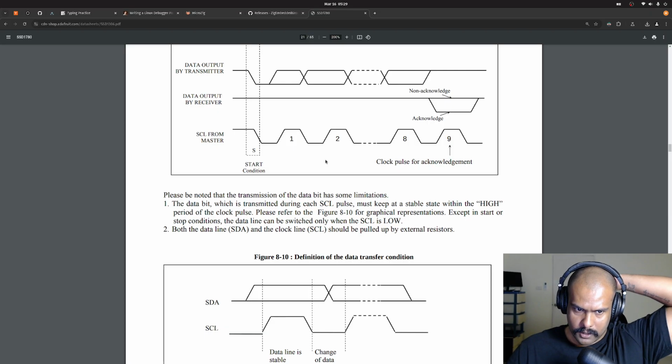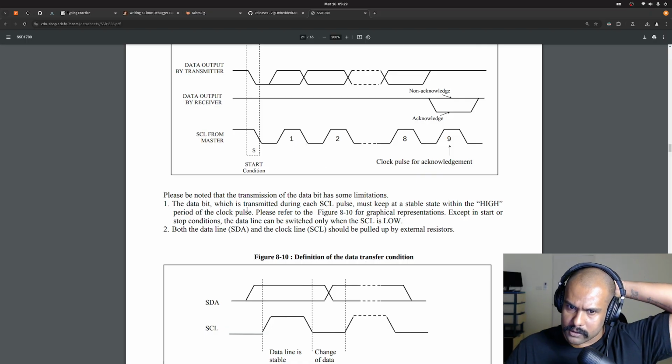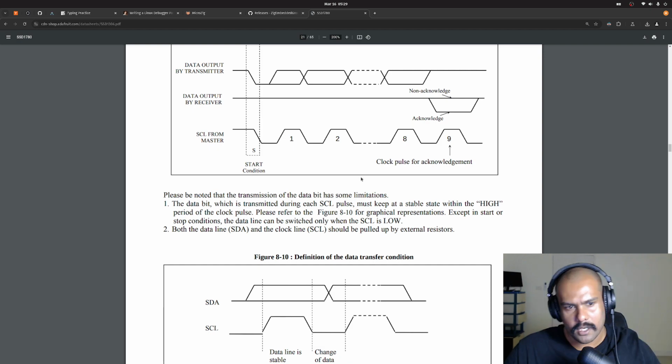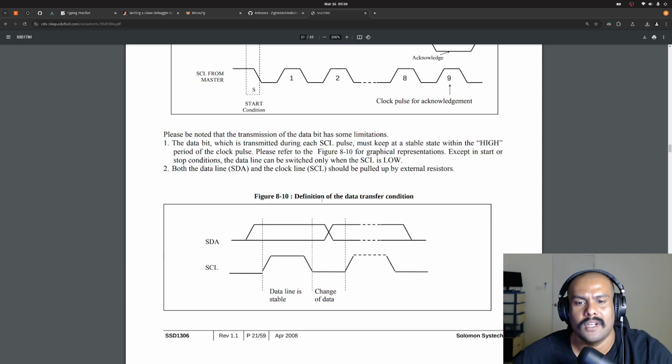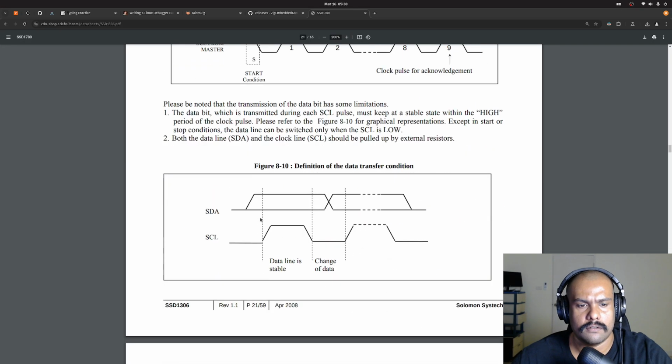The data bit, which is transmitted during each SCL pulse, must keep at a stable state within high period of the clock pulse. Okay. Please refer to figure 8-10 for graphical representations. Okay, this one here.